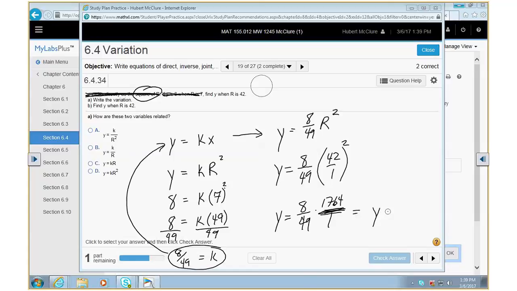Y is equal to what? 1764 times 8 divided by 49. I think it's going to be that much. I'm sorry, what? That sounds better. 288 even?